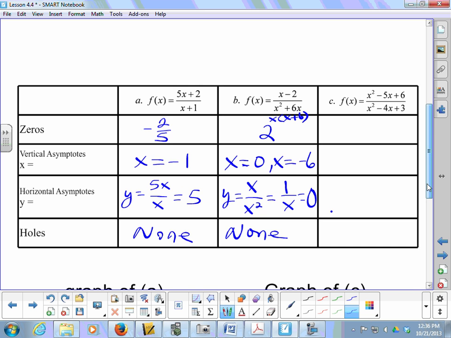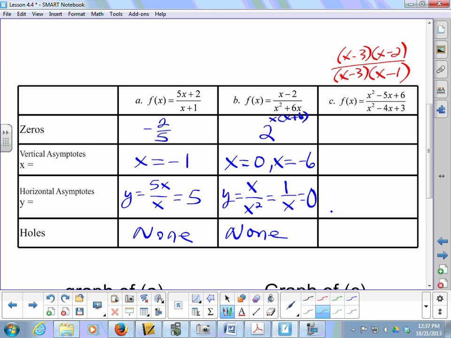So letter C, I'm going to factor this whole thing. So in the numerator, what do I get? X minus 3 and x minus 2. All right. In the denominator, we have what? Now, so what do we have? We have a common factor, right?